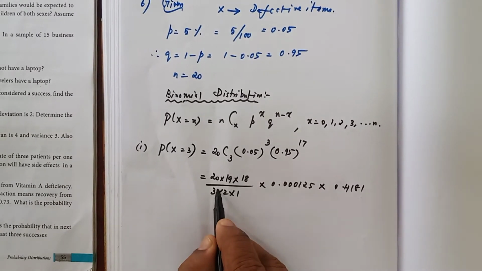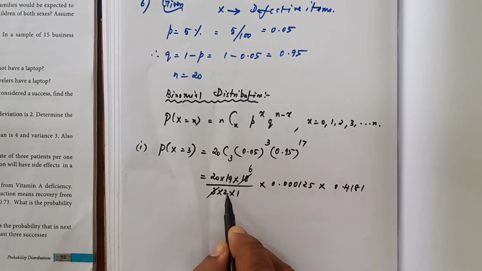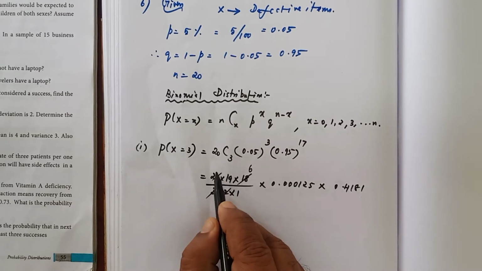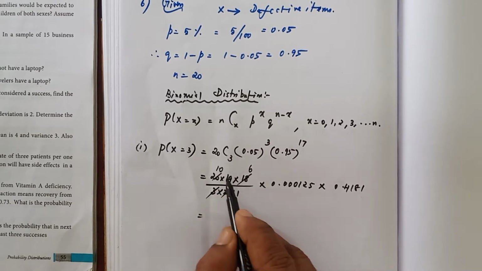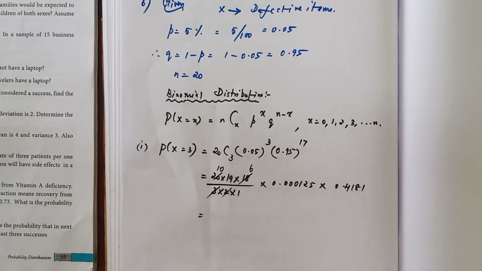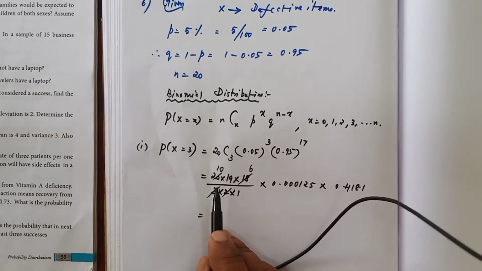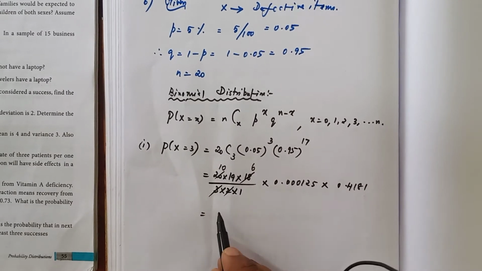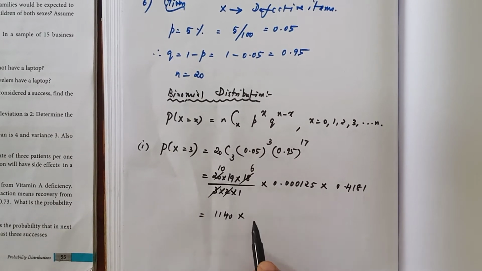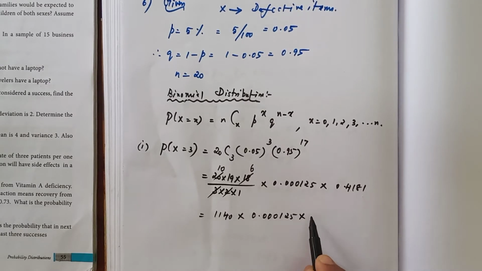Now divide by 3 table, how many times? 6 times. Here divide by 2 table, 10 times. 10 into 19 into 6, that is equal to 1140 into 0.000125 into 0.4181.